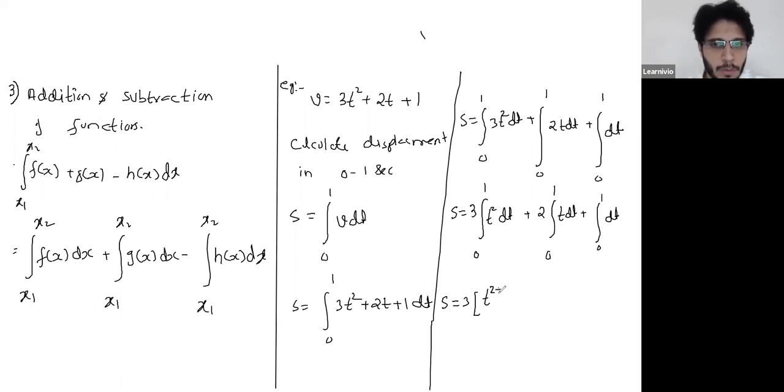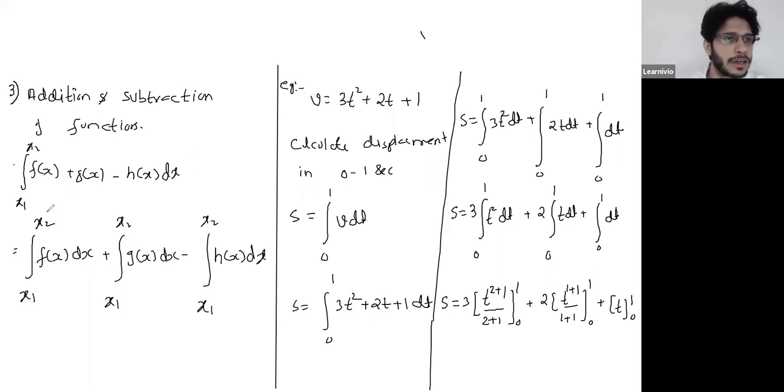It's t to the power 2 plus 1 over 2 plus 1. Limit is 0 to 1. Then it's 2 t to the power 1 plus 1 over 1 plus 1, and limit is from 0 to 1. And this is just dt. The integral of dt is t. Limit is from 0 to 1.